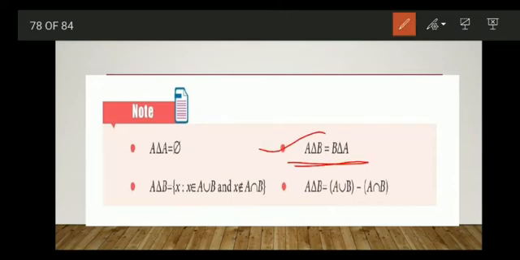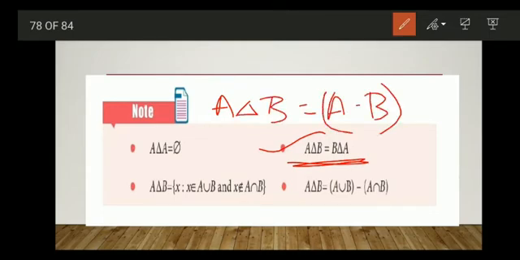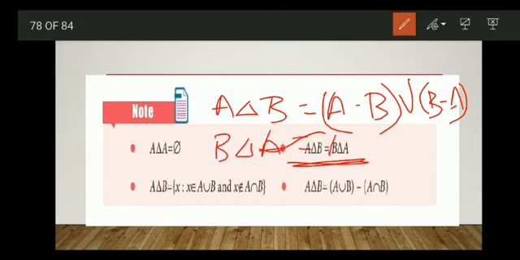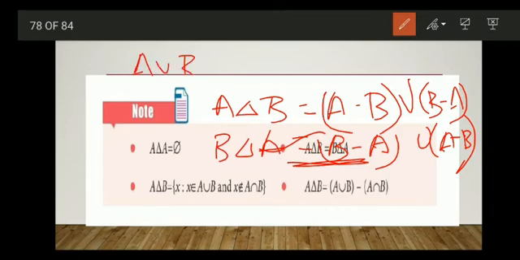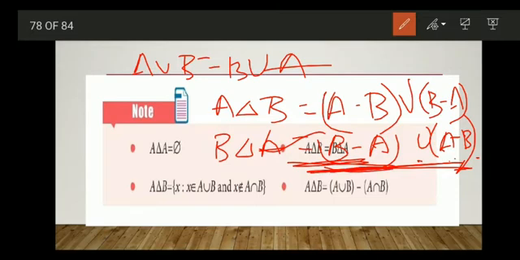See the second one, A difference B is equal to B difference A. We know that A symmetric difference B is equal to A difference B union B difference A. So B symmetric difference A is equal to B difference A union A difference B. And since we have studied that union is commutative, that is A union B is equal to B union A, here we have B difference A union A difference B, this is one set, this is one set.